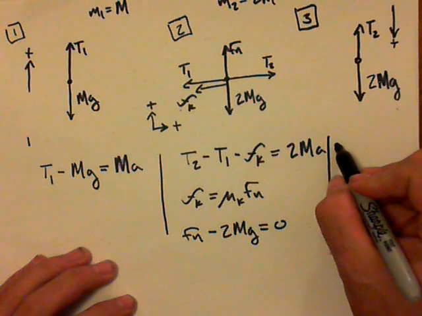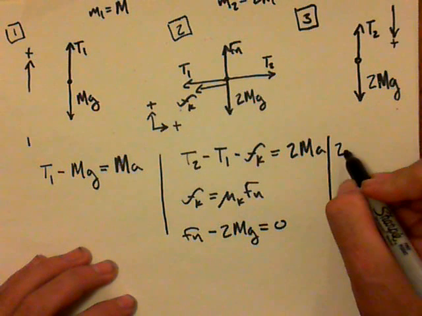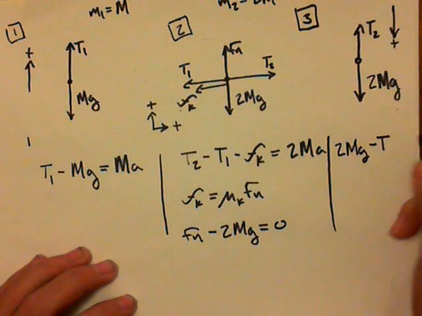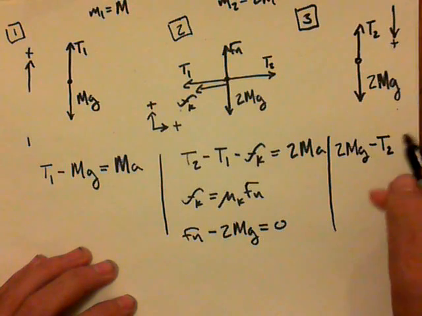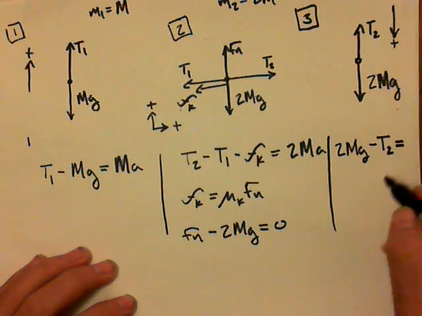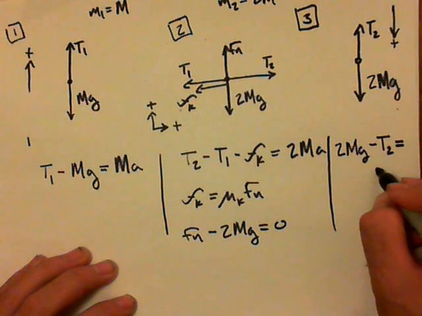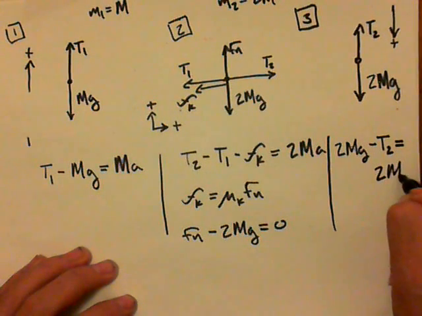And so the gravity is pulling in the positive direction. T1, or T2, pulling against that, and then ran out of room. So I'll put that over here. Equals 2MA.